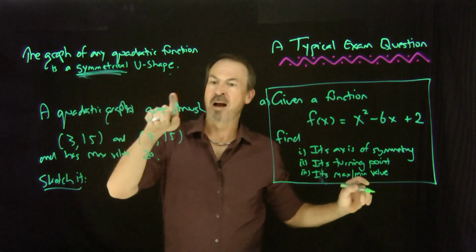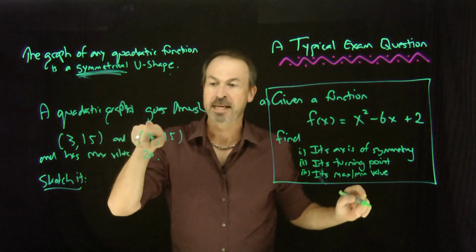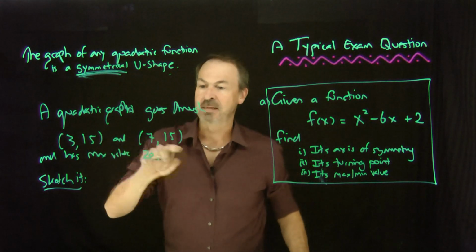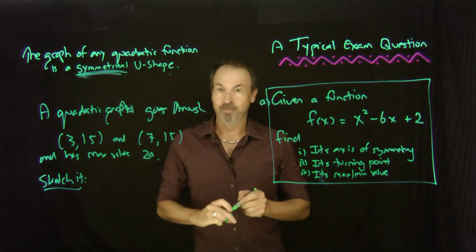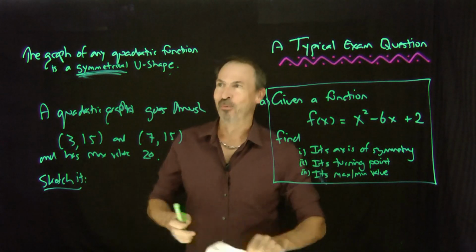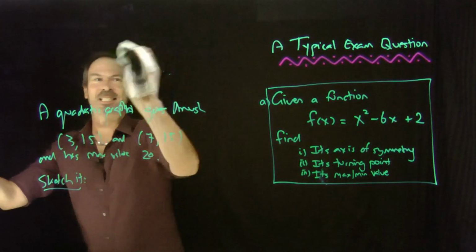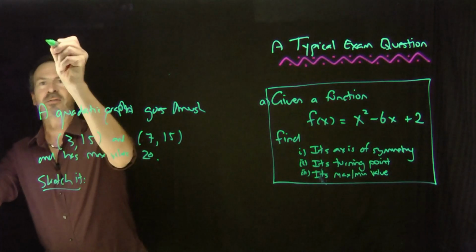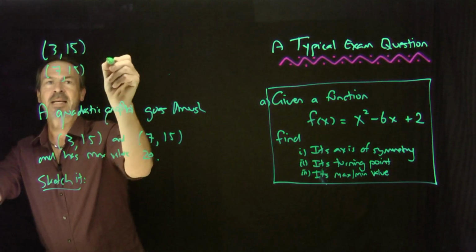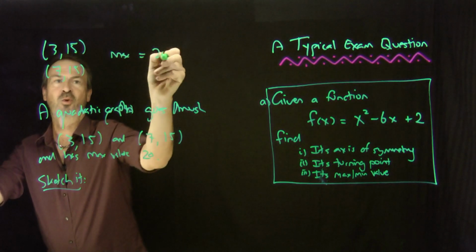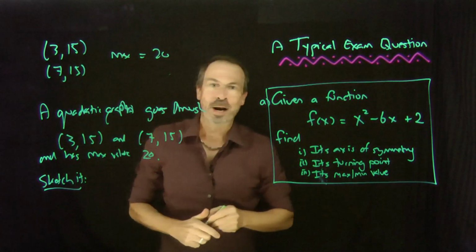A quadratic graph goes through 3, 15 and 7, 15 and has a maximum value of 20. Sketch it. There's my made up question, made up on the spot. Please sketch the graph. Oh, I've given myself no room. Let me do this. It's a quadratic graph that goes through 3, 15, 7, 15 and has a max value of 20. There's the core information.